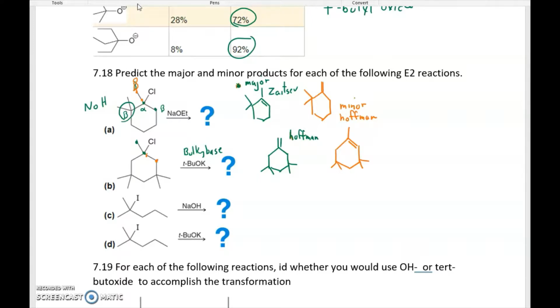And it'll be the major because bulky bases favor the Hofmann, the less substituted. And this one will be the minor, and it's the more substituted Zaitsev.